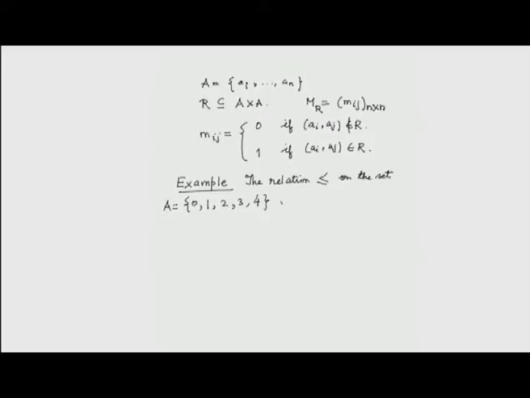Now, we are to construct the matrix corresponding to the relation given by less than or equal to. Let us call that matrix M sub less than or equal to. At this point we have to label the rows and columns.